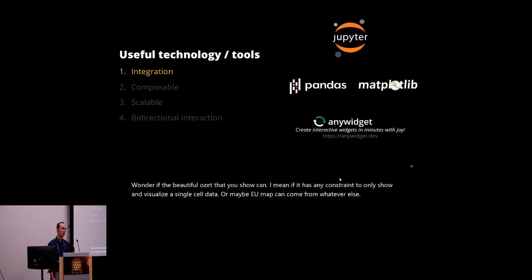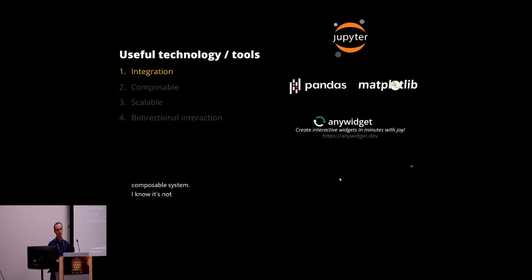Yeah, so the platform itself is bound to single cell data, but in an ideal world, what you really want is a completely composable system. I know it's not always feasible to get that, but that's what we should strive for.